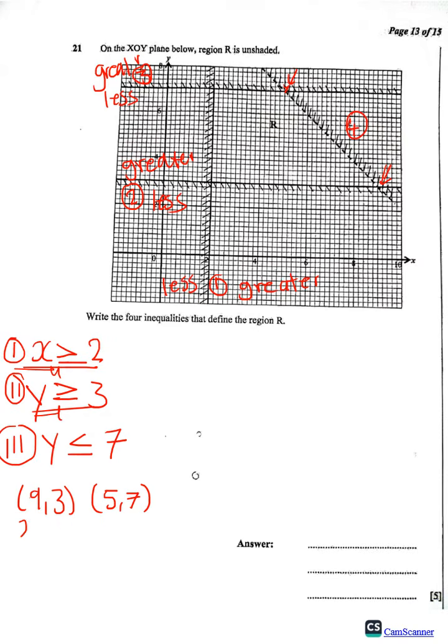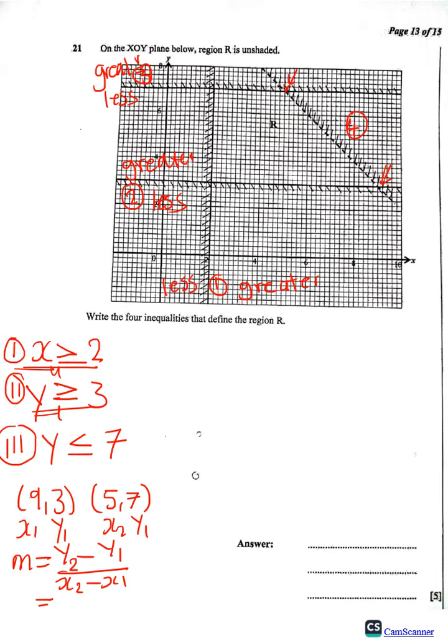So we have x1, x2, y1, y2. So we are going to find the slope, which is the gradient. So the slope is equal to, so this is the formula.